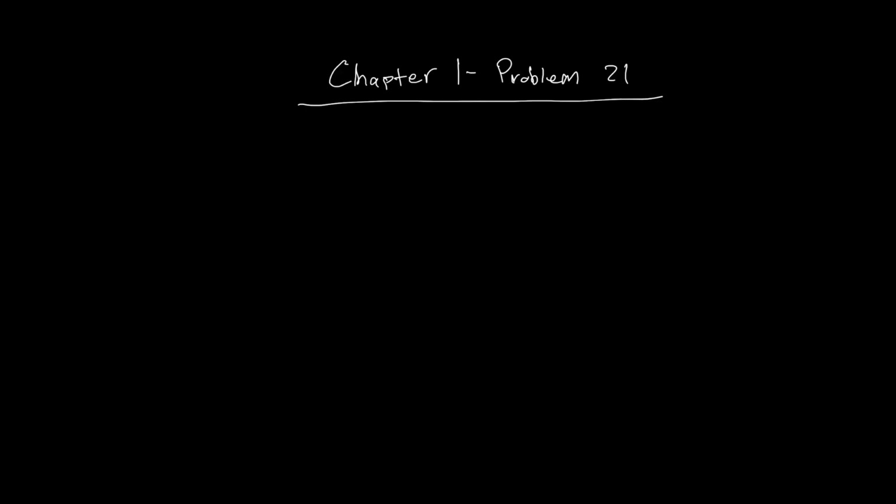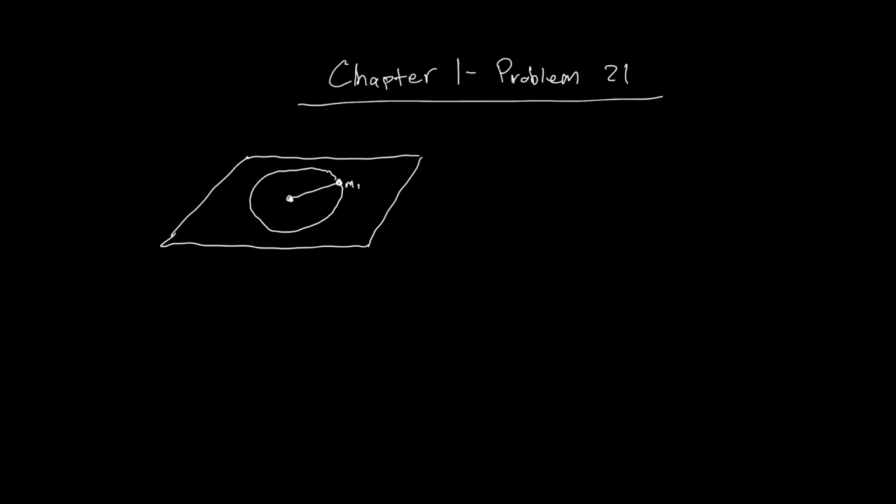So you have a table top like this, and you have a hole, you have your string, and this is your m1, and then this is allowed to move in a radial fashion. And down here is where your m2 hangs.